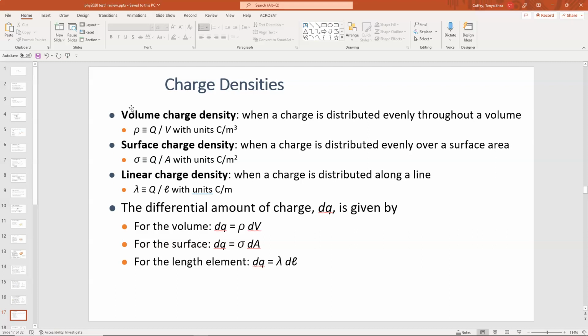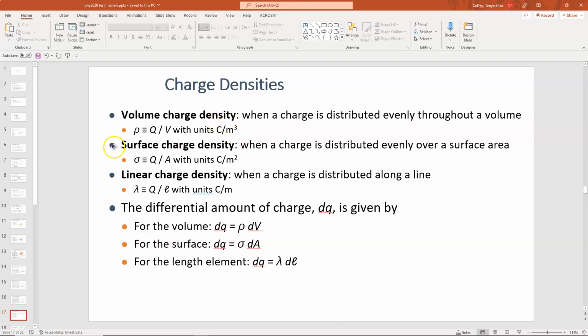If you know that it's a constant charge density, for example, it's 3 everywhere or something like that, then you can just take your total charge and divide by either the total volume, area, or length, depending on your geometry, to get your charge density, okay? So if it's a volume charge density, it would be the charge divided by the volume, and it would have units coulombs per meter cubed.